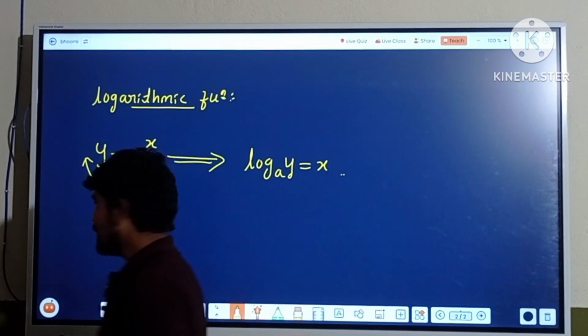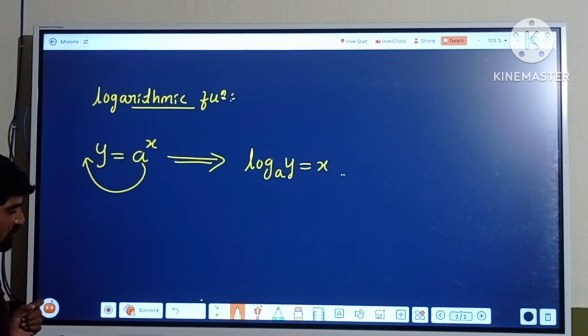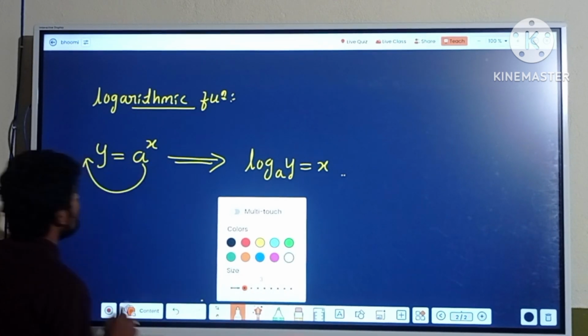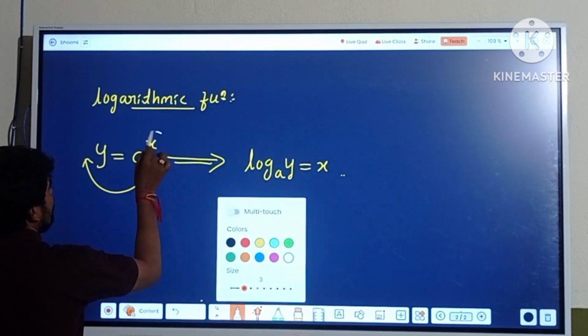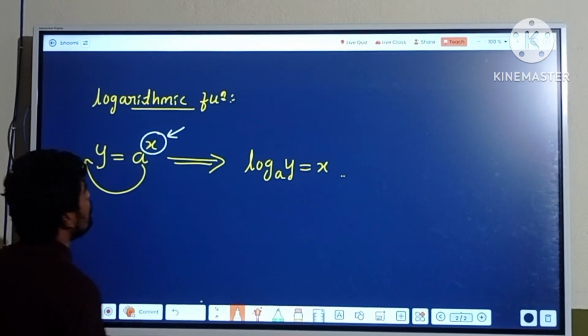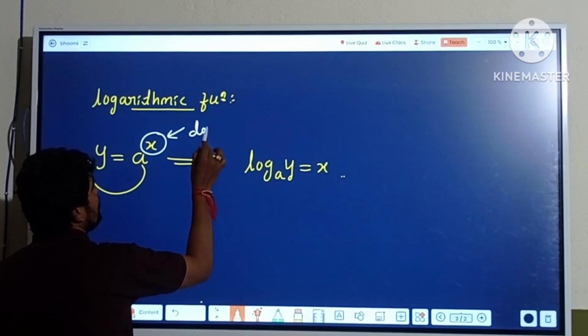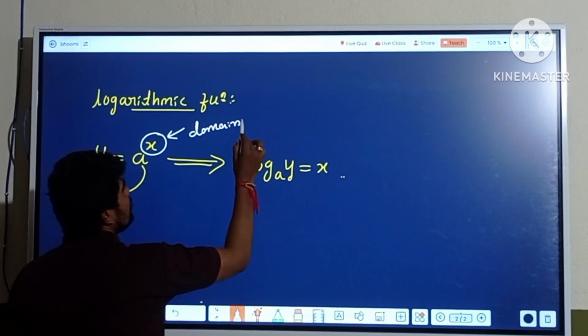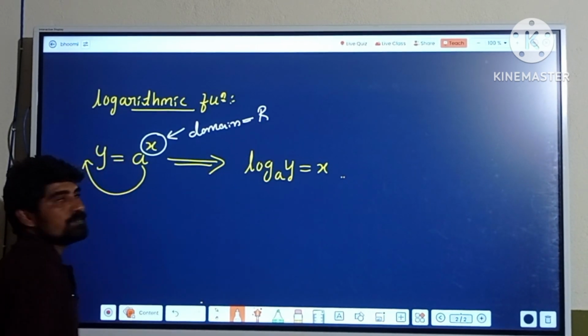This is called the logarithmic function. And one more thing you need to observe here: when we were discussing the exponential function, I already discussed what x is. It is the set of input values, and the set of input values is called the domain. What is the domain of the exponential function? We already know, the set of real numbers.